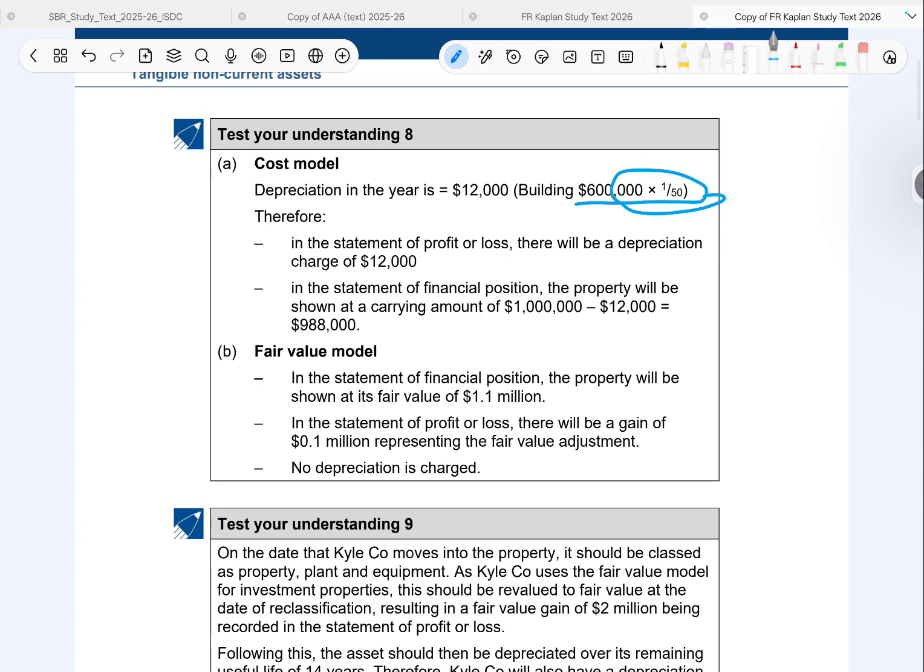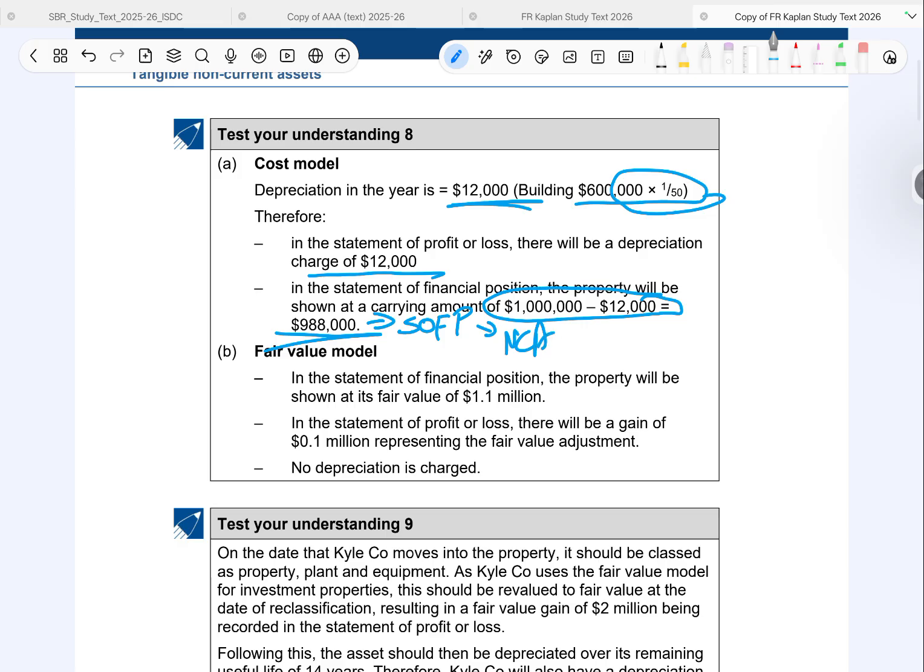We just have to find depreciation for 1 year, which gives us 12,000. So in the statement of profit or loss, we are going to charge 12,000 as depreciation, and 1 million minus 12,000 gives us 988,000 in our statement of financial position as a non-current asset.